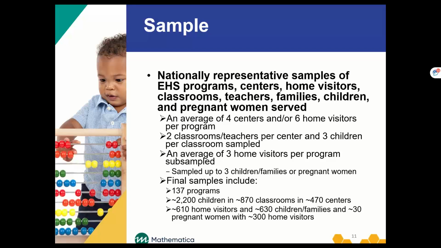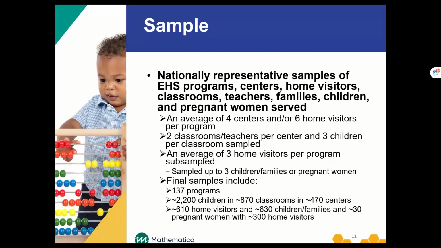The study's complex sample design incorporated multi-stage sampling, stratification, and unequal selection probabilities. The first stage of selection is early head start programs. Within each program, we sampled an average of 4 centers and/or 6 home visitors, depending on the type of services the program provided.